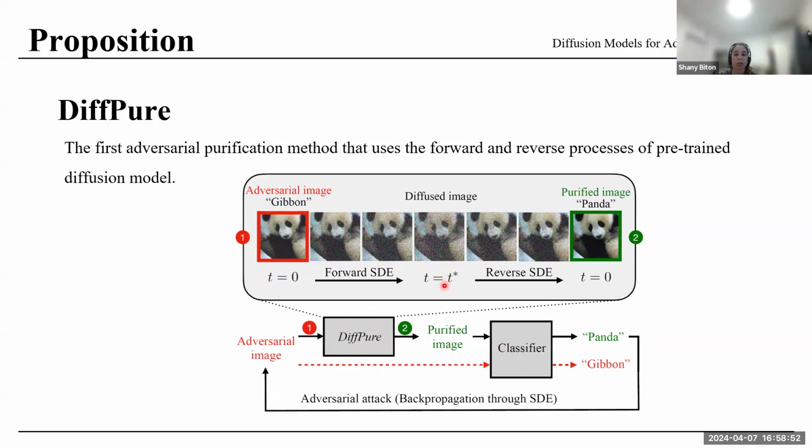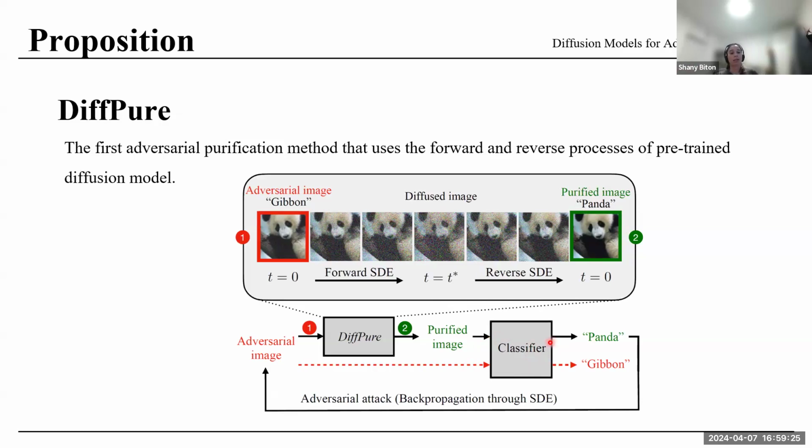Then in the reverse process, they denoise this diffused image into the purified image iteratively to generate a clean one without any adversarial perturbations. So the perturbations and the noise from the forward path are eliminated. Then this image will be fed into the classifier.